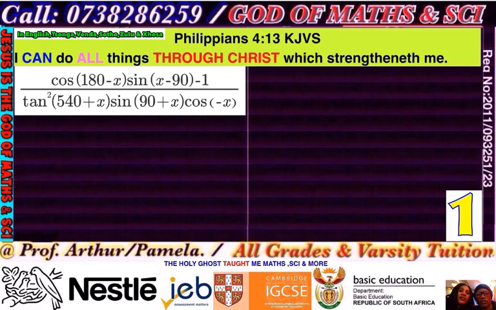So number one, we need to rearrange this one here. So this is how it's going to look. Let me go pink. You're going to write that one as cos, open the parenthesis. This is actually 180, it will stay as it is: 180 minus x.